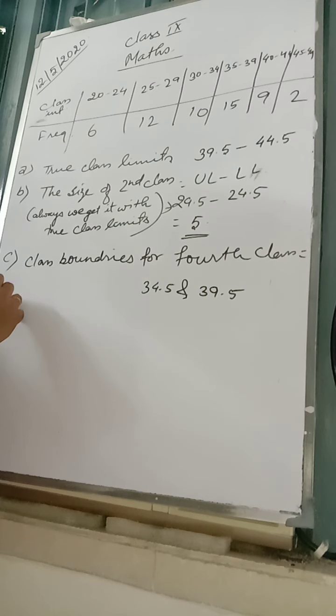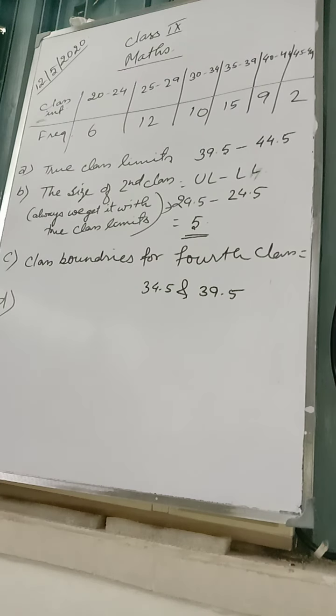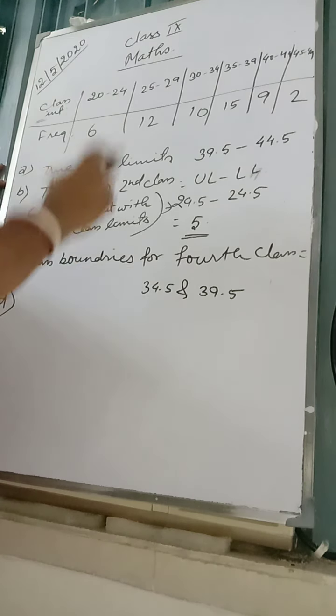Question number D. Whenever we find the upper and lower limits, we have to see the true class limits once again. It will not be with the class limits which are given to us. That is the 6th class.